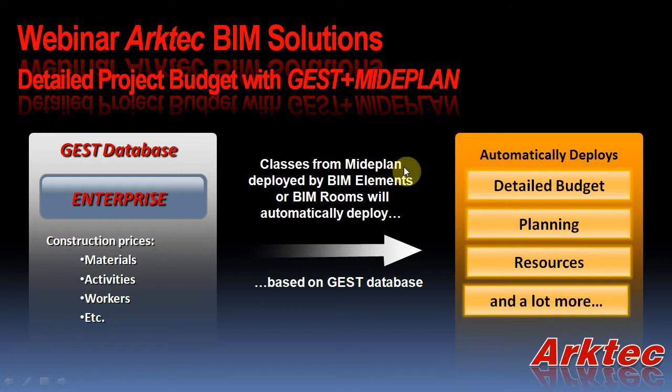We have the classes from Midplane, and the classes from Midplane that are deployed by the BIM elements or the BIM rooms associated with the resources, can make our detailed budget, can give us the planning, the resources, the control of all the construction in the programs JS and JSCon. So this is a schematic that shows what we said before. But let's see how this all works in the programs.